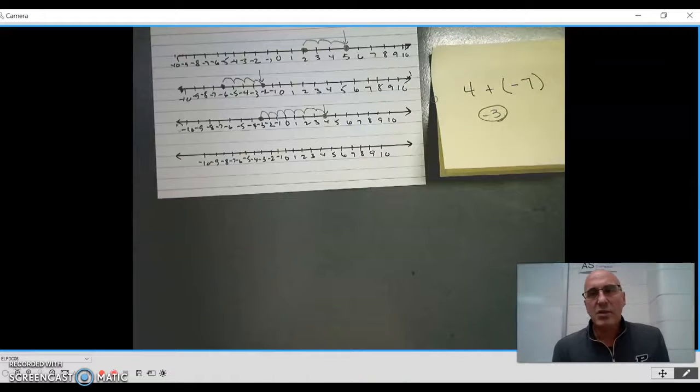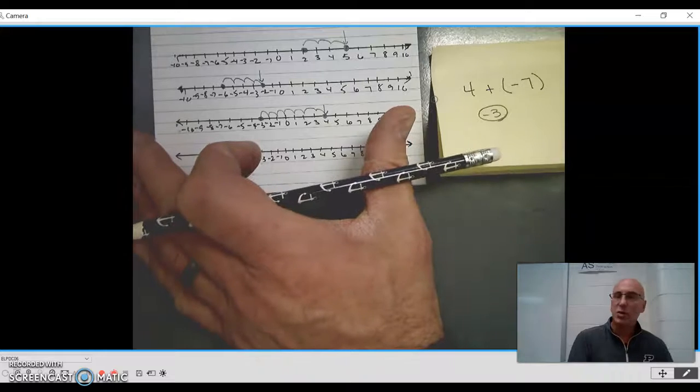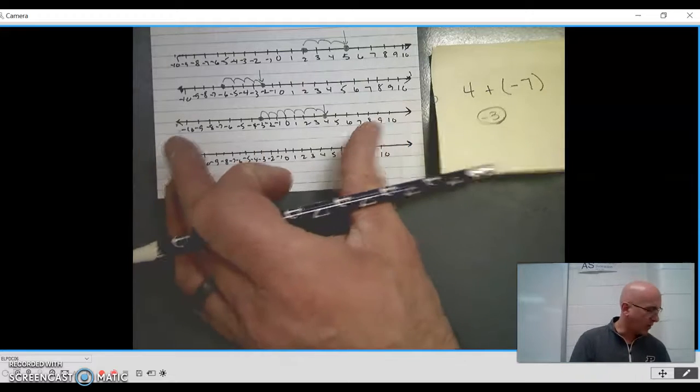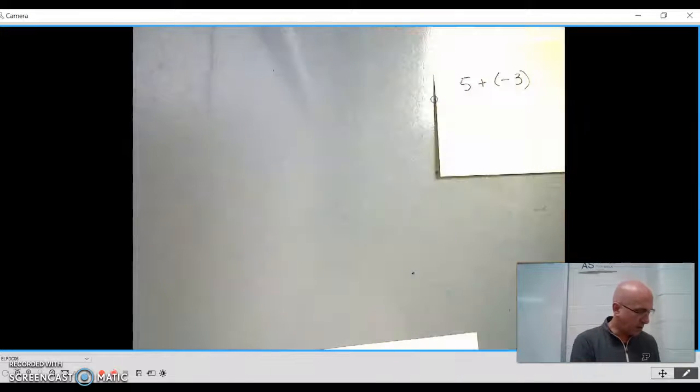Now there's another way to model these problems. If this number line works for you, wonderful. Here's another way to do it. I'm going to go back to my first problem that I had, 5 plus a negative 3. I have here some poker chips.